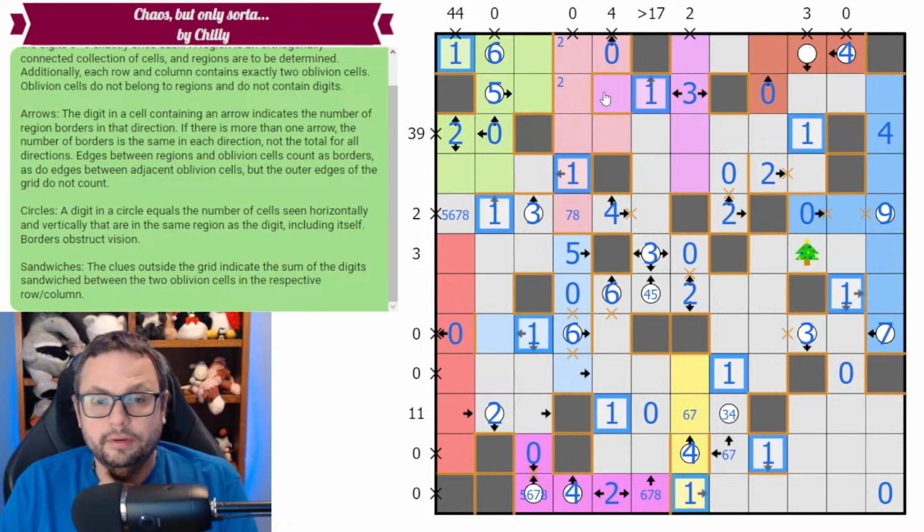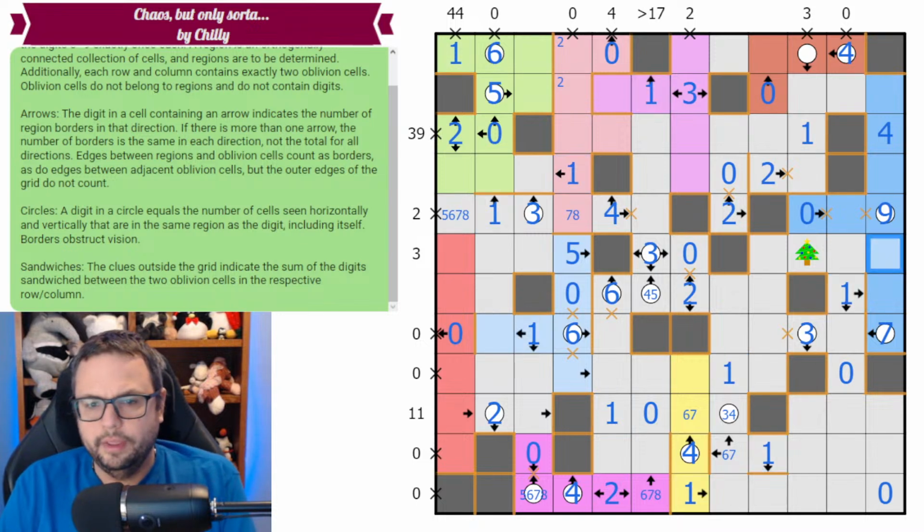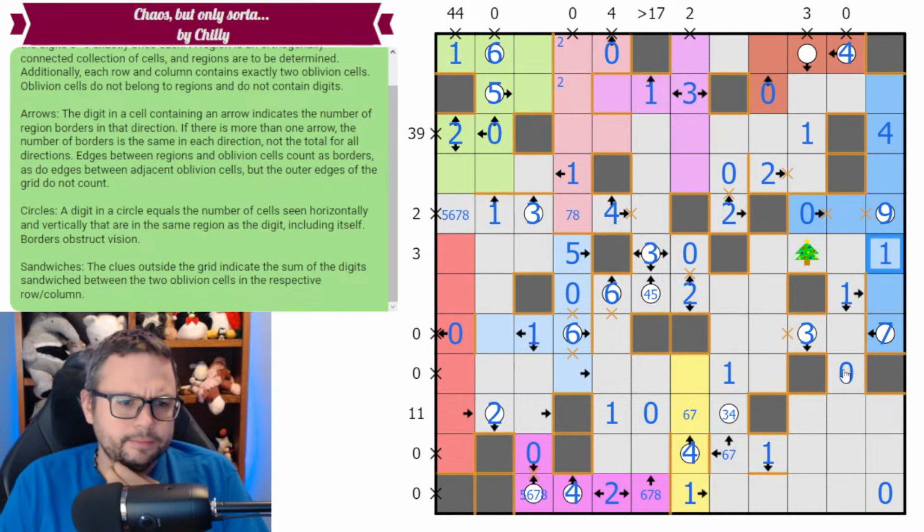We have 11 ones in the grid. That seems promising. Let's see, is this the only row where we do not have a 1? Yes, that is a 1.